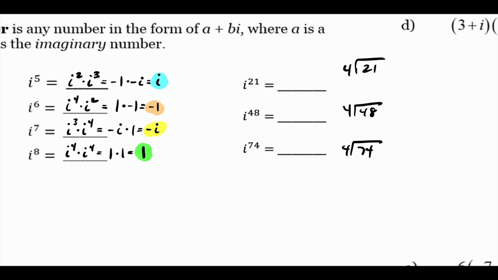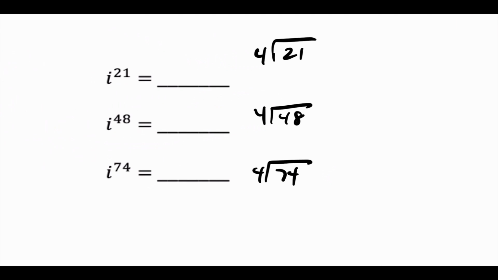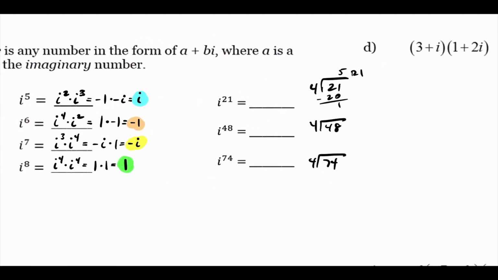So decimals don't work for this kind of division. You need a remainder. So when I divide by 21, that goes in 5 times. I get a remainder of 1. So a remainder of 1 means i. 48. What's my remainder when I do 48? Yeah, I don't get a remainder, right?